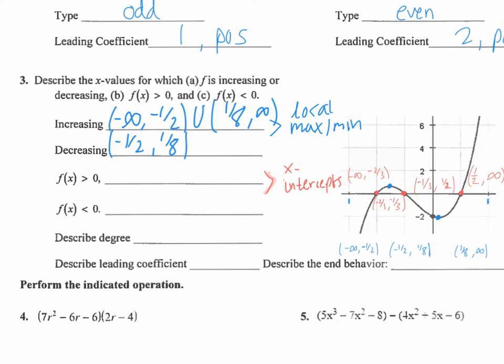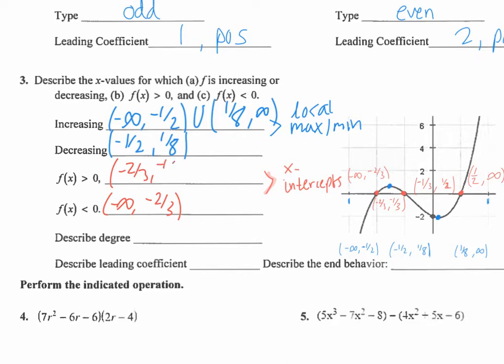This first interval on the left is clearly below the x-axis, which means it is negative. So it goes here, negative infinity to negative 2/3. My next interval, negative 2/3 to negative 1/3, is clearly above the x-axis, so it goes in the positive one, where f of x is greater than 0.